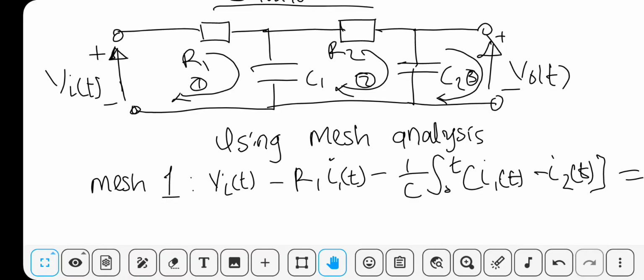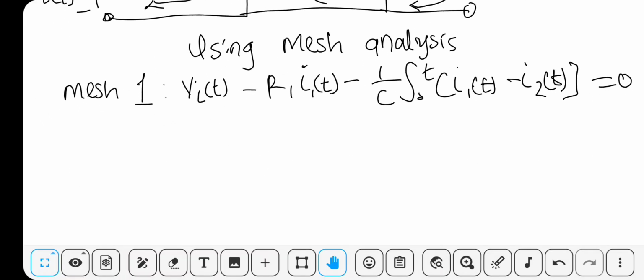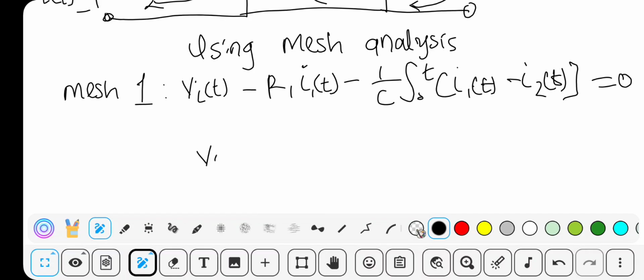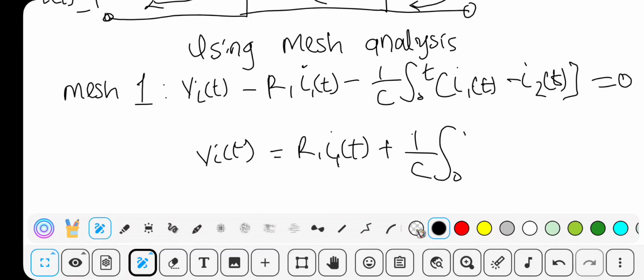But if you are going through loop 2 or mesh 2, you do the current in mesh 2 minus mesh 1. Just follow me. So this will be equal to R1 I1 of t plus positive, I1 of t minus I2 of t.